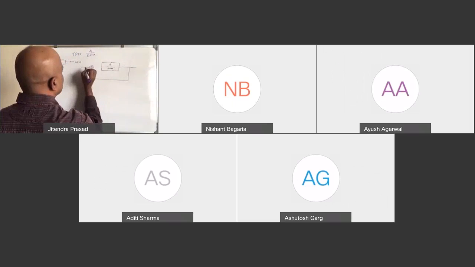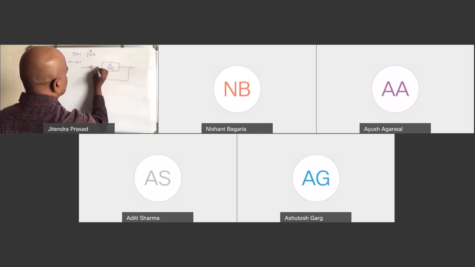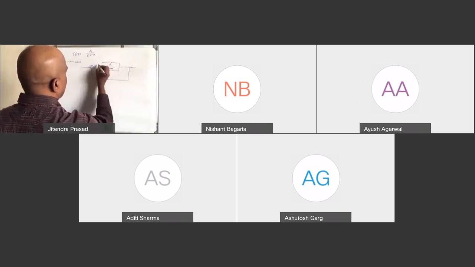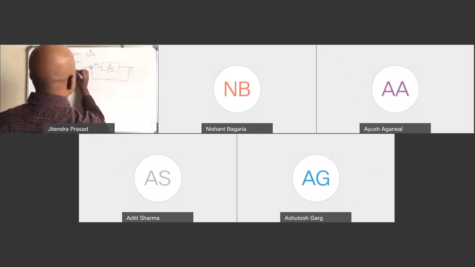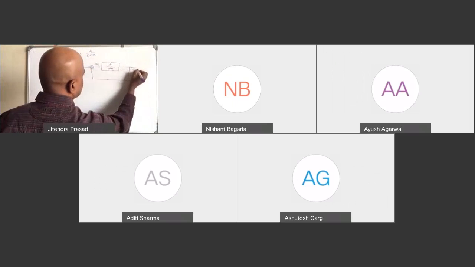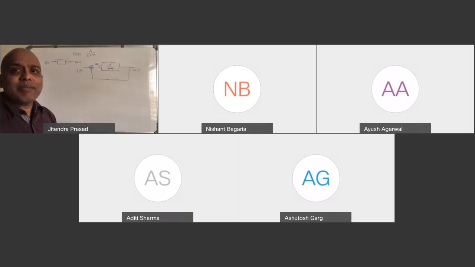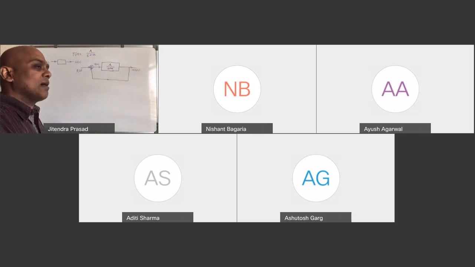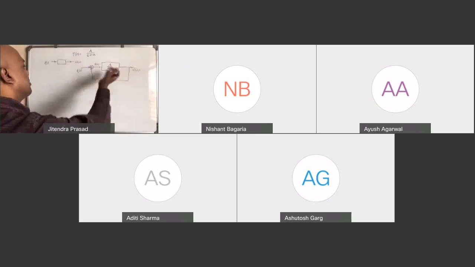You have a plus here, this is RS, here ES, and here CS. I'm giving you a different perspective. Whenever it is given as a first order system, this is also a first order system only.